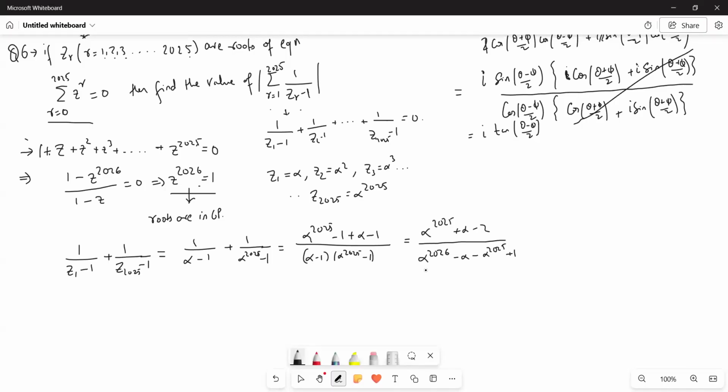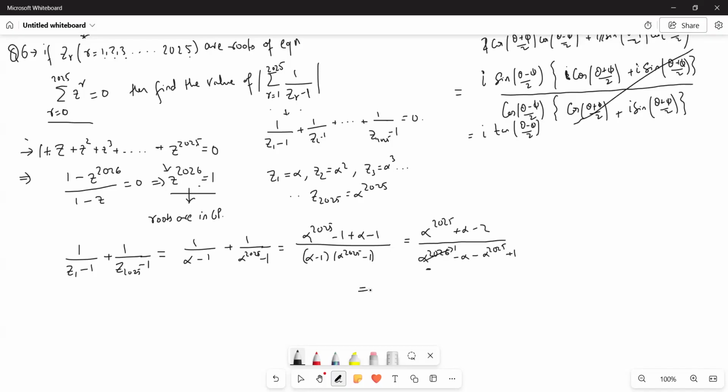But then can anyone tell me what be the value of alpha to the power 2026? अल्फा 1 हो जाएगा वो, मतलब रिपीट होता है. यहाँ पे डालना सीधा, अल्फा इज द रूट ऑफ दिस इक्वेशन, मस्ट सैटिस्फाई द इक्वेशन. तो इसका वैल्यू 1 हो जाएगा.